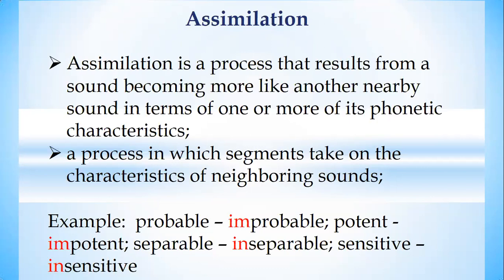For example, probable, improbable; potent, impotent; separable, inseparable; sensitive, insensitive. So we add the prefix, which makes it negative. This is a process in which a segment takes on the characteristics of a neighboring sound: the prefix in becomes im to make it negative.